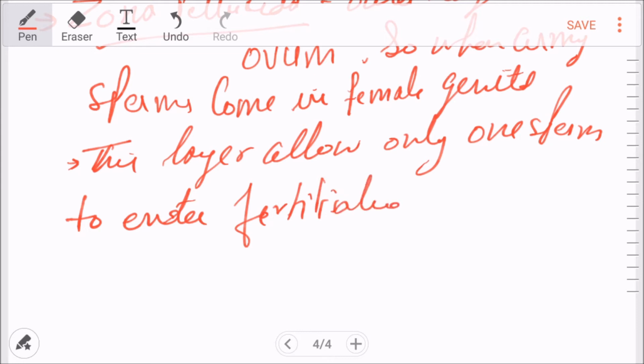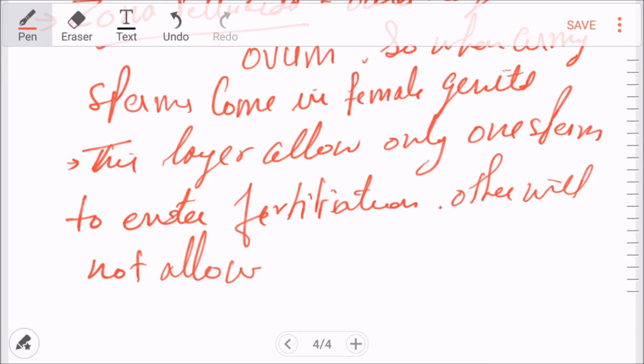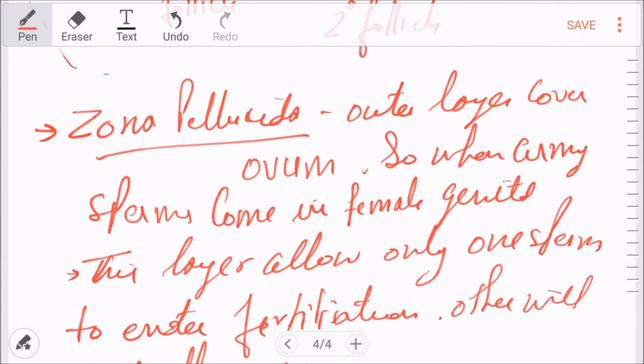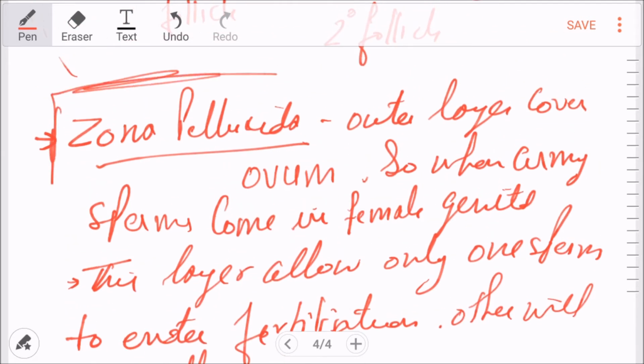Other will be resistance. Other sperm will not be allowed. So main function of zona pellucida is to prevent polyspermy.